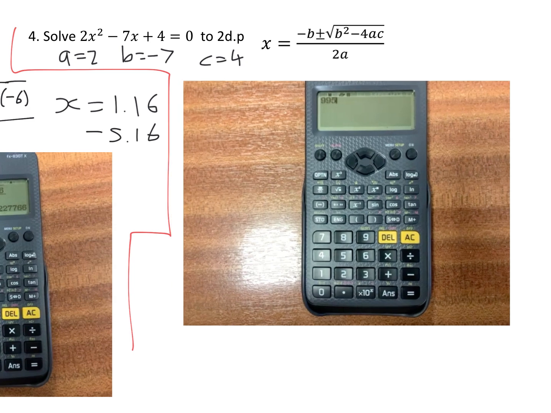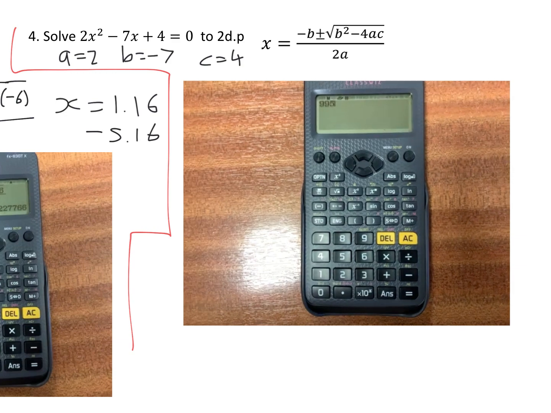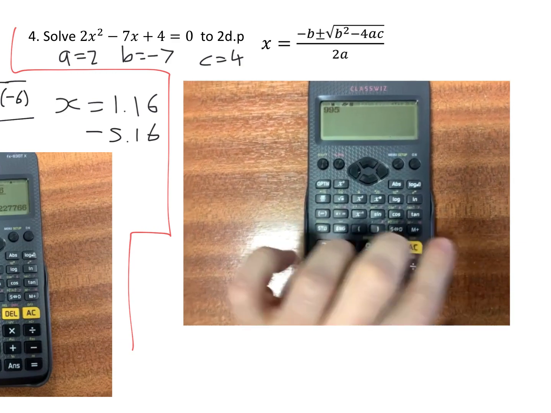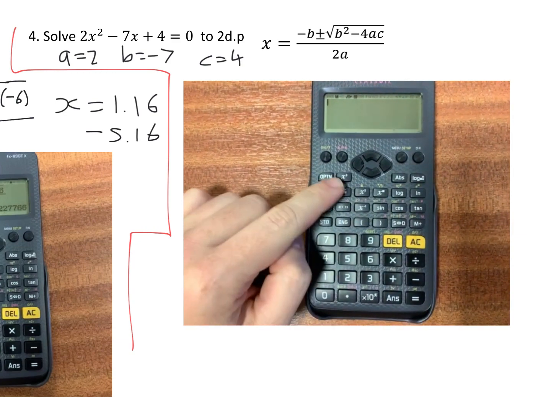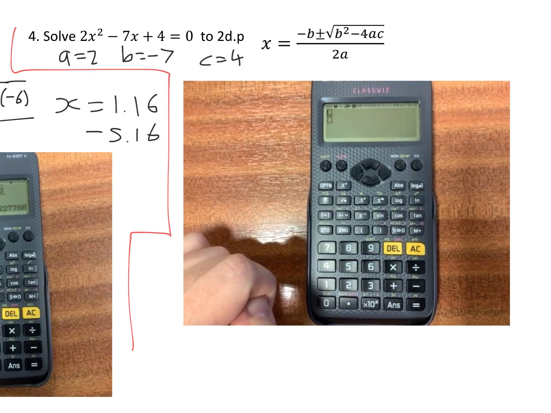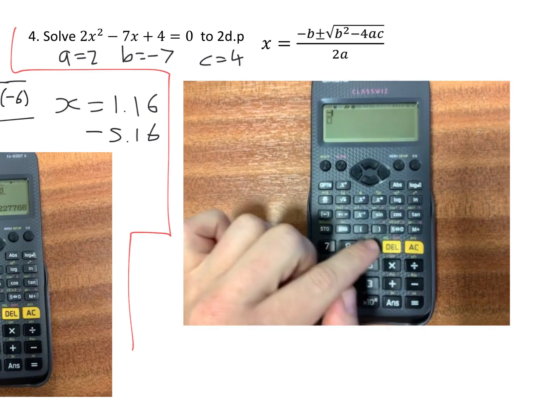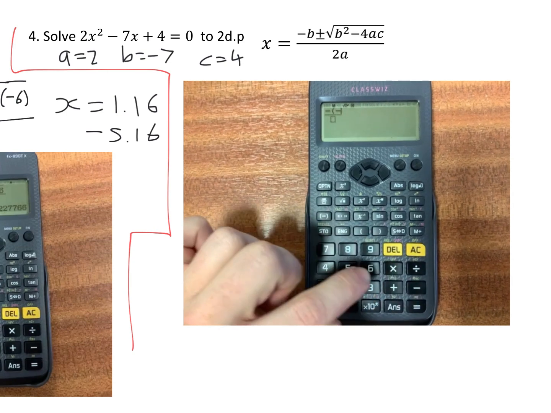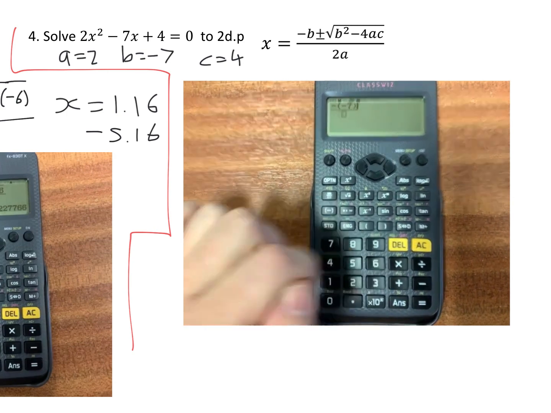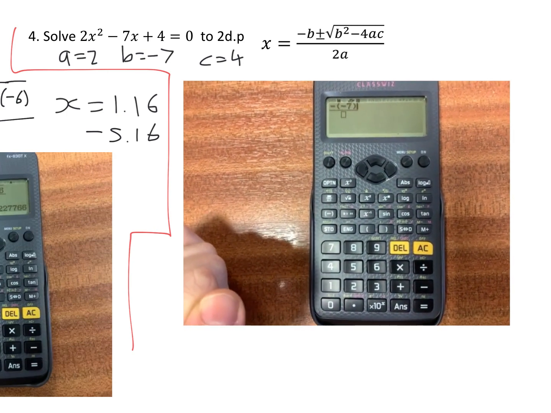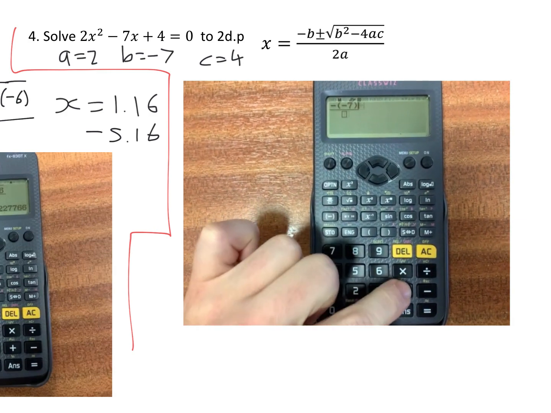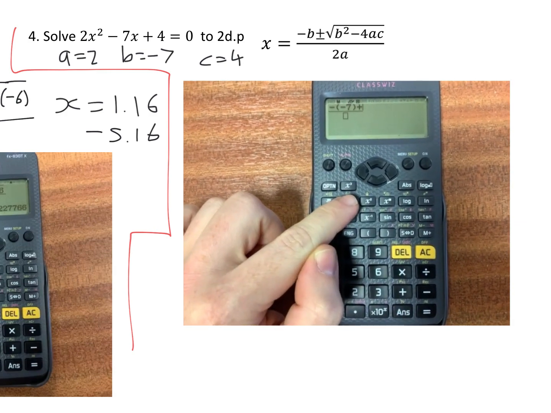Okay, now if we hit record. So to start off with, we need a fraction button, and then we've got minus B. In this case, that's minus 7. Or if you simplify that, that would actually be plus 7 in there. We go with the plus first of all, and then square root.